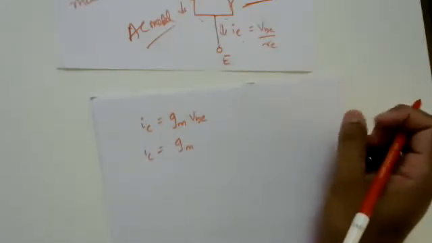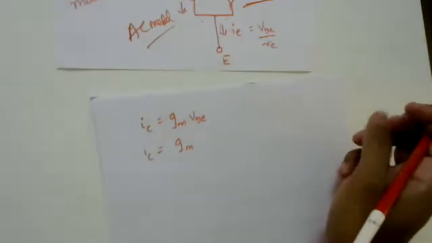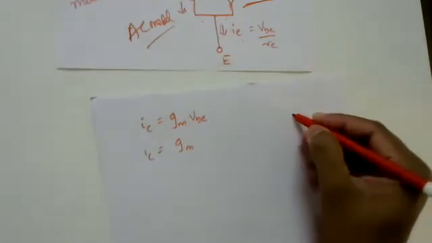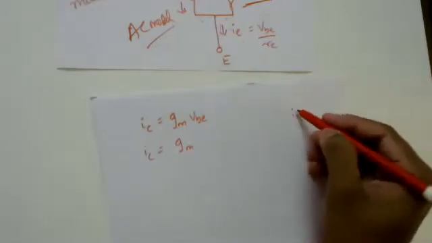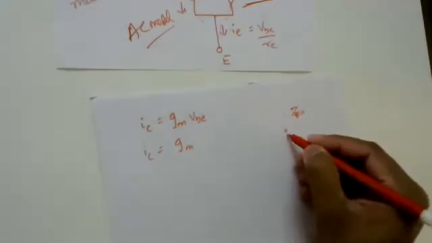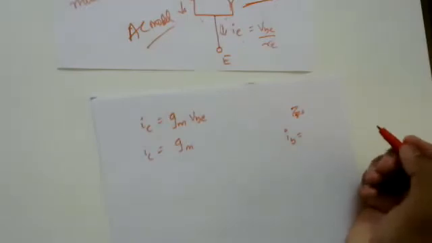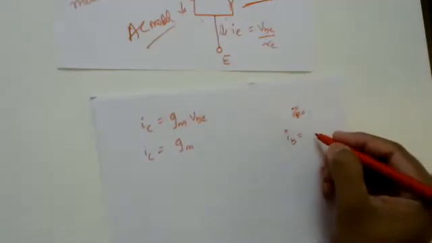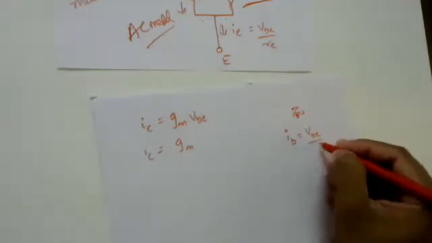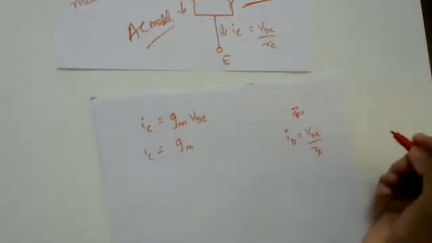Yes, please answer in the group chat. Okay, very simple. It was my IB, just a little bit bigger so that it's visible to you. My IB can be defined as VBE divided by r pi.